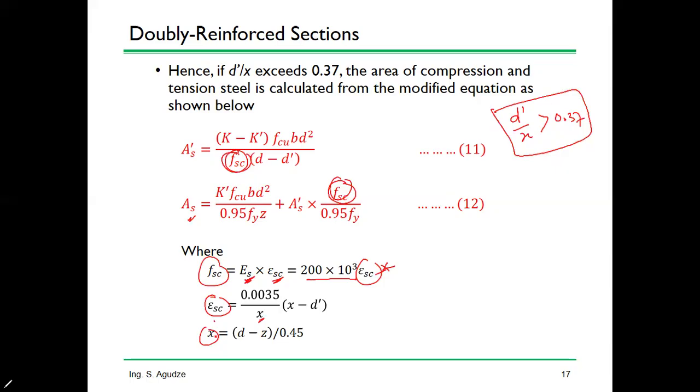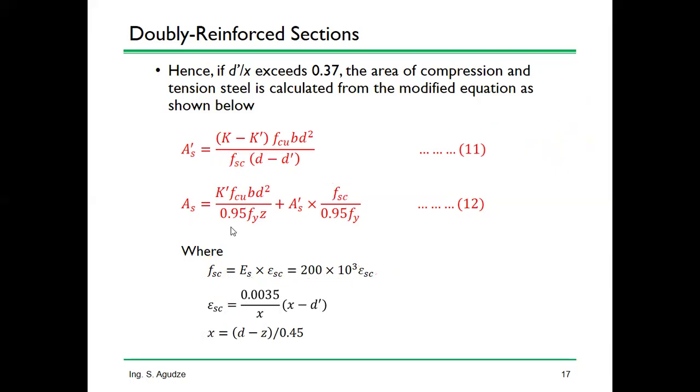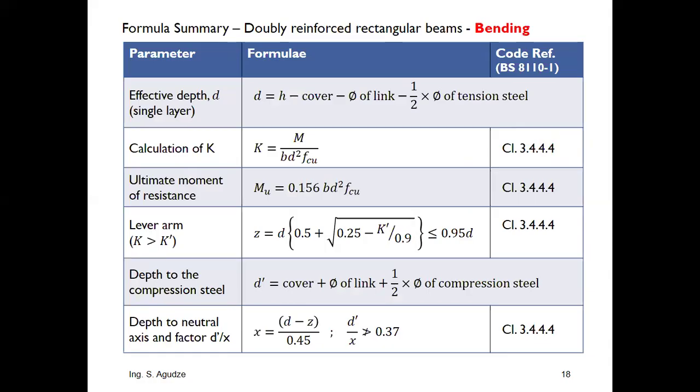All right. So in summary, in calculating the effective depth for a single layer of reinforcement, as we have learned in the earlier design for singly reinforced sections, it is the h minus the cover minus the diameter of link minus half the diameter of tension steel. Is that okay?